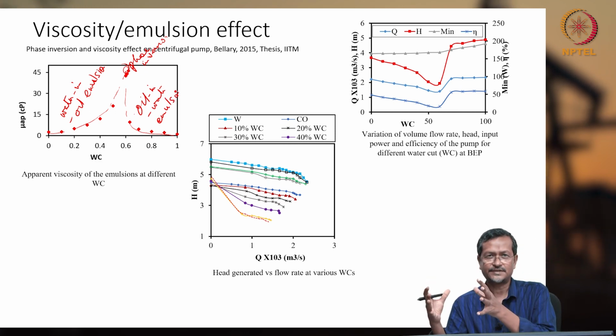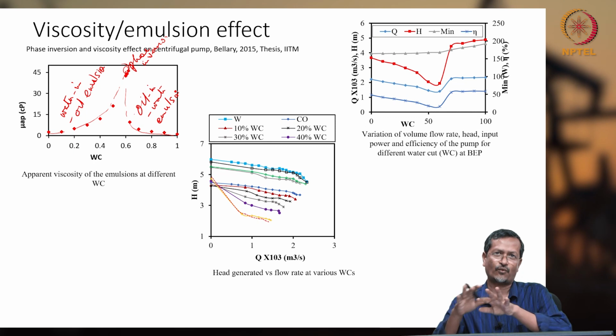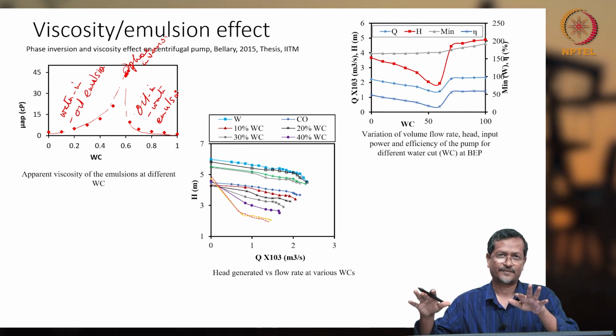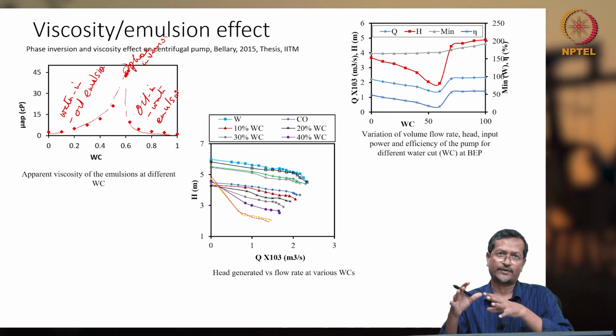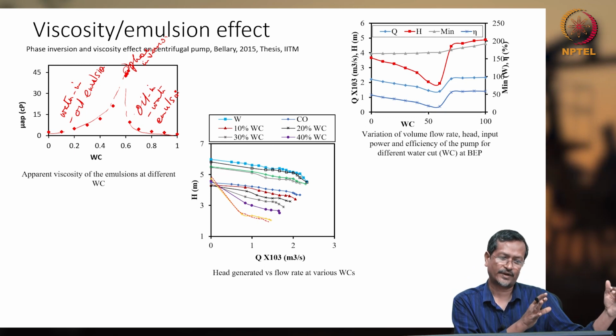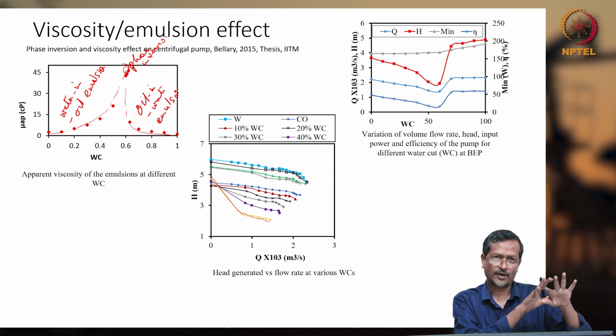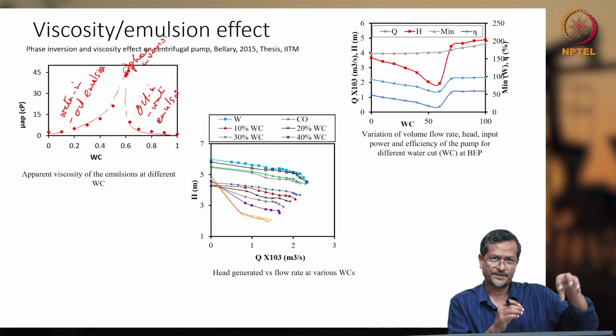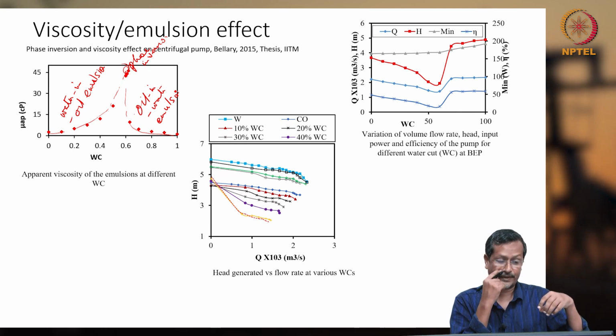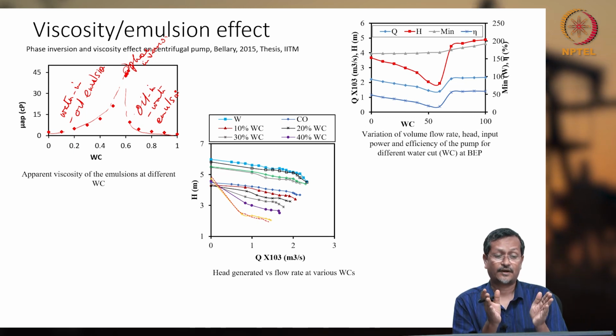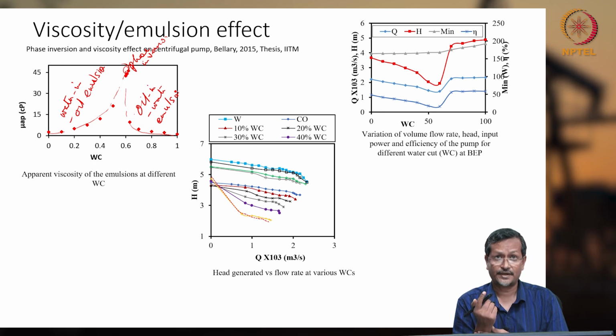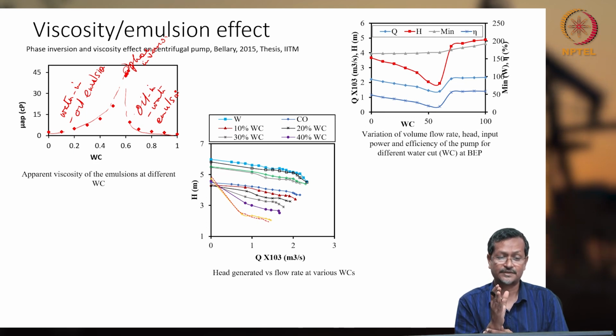As the water amount increases, oil becomes small particles, and water becomes the continuous phase. Okay, so this becomes an oil in water emulsion. When the water amount was lower, oil was the continuous phase, and water droplets were inside the oil. Okay, so this phase change is called phase inversion, occurring near 60-70% water cut.